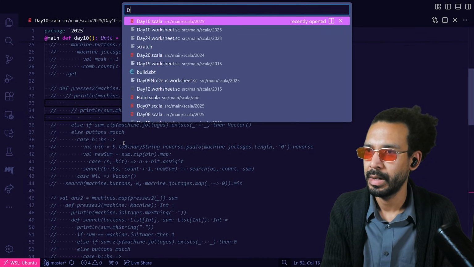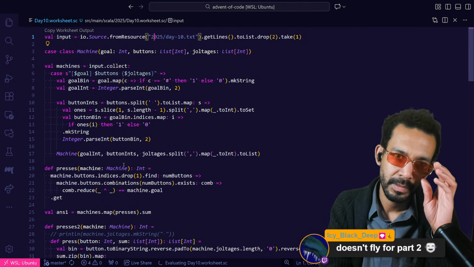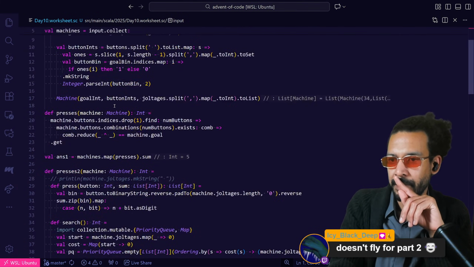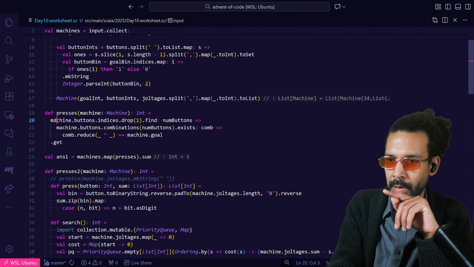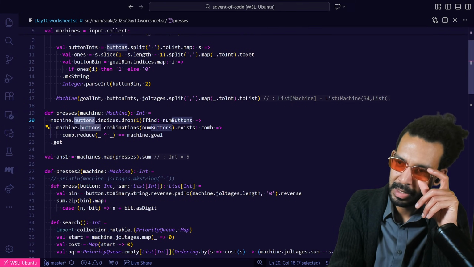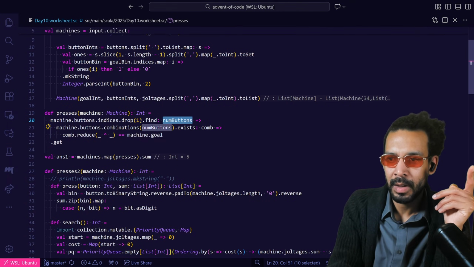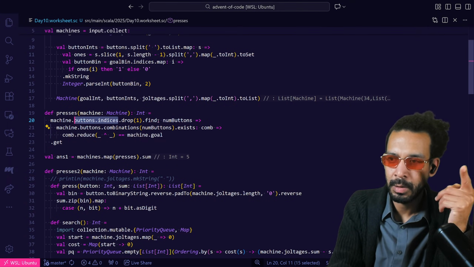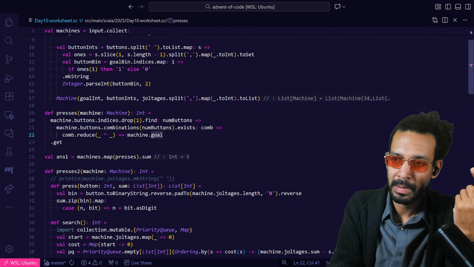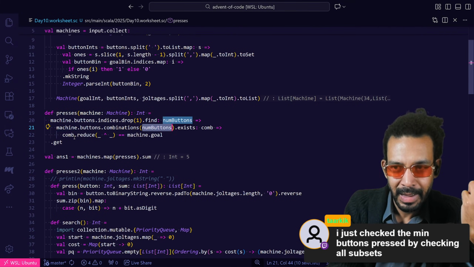And we have the day 10 worksheet. Use a breadth-first search. So my search strategy for part one was brute force, but with some smarts. We chose a number of buttons, right? We start with 1, 2, 3, and for each of those numbers of buttons, we get all the combinations of that many buttons, and then we reduce.